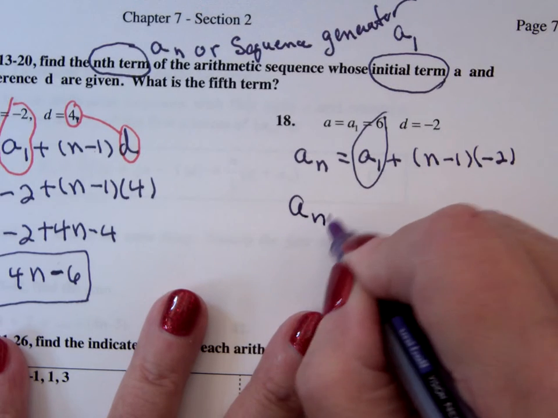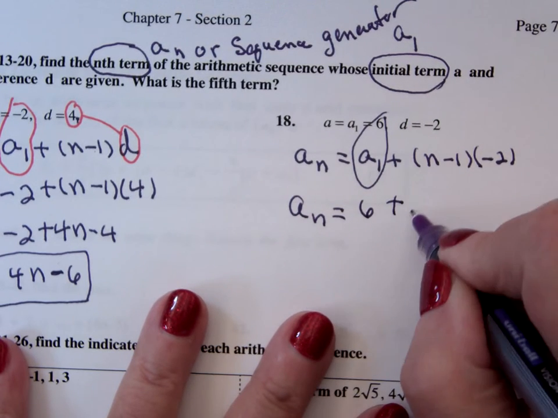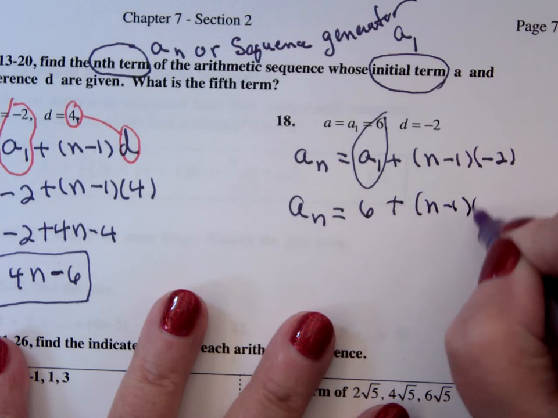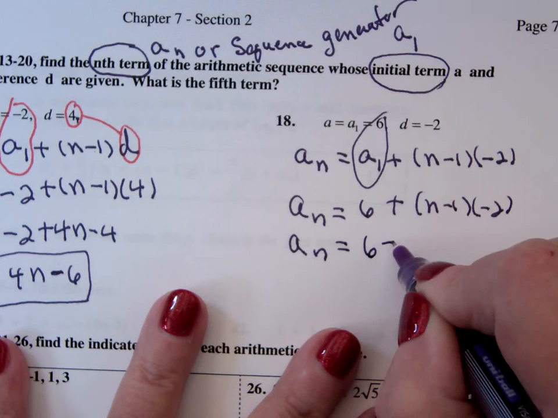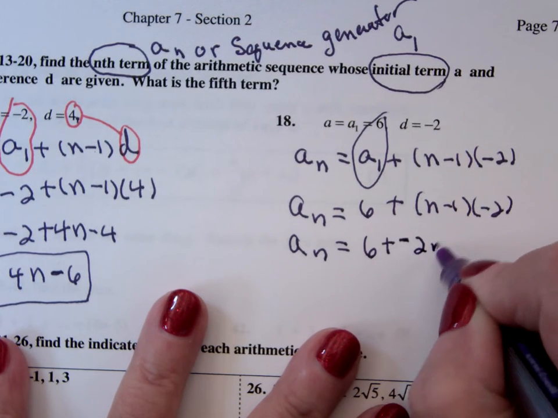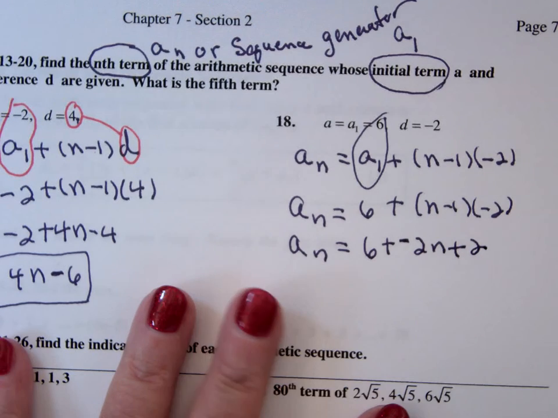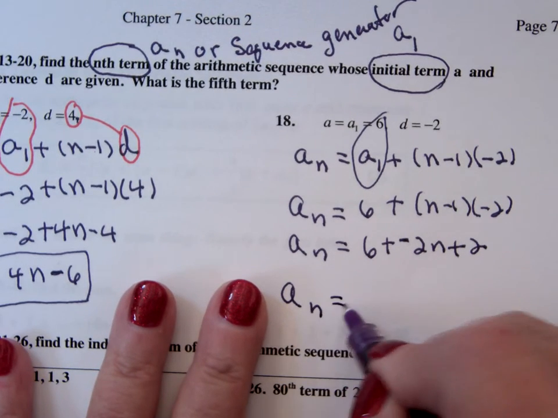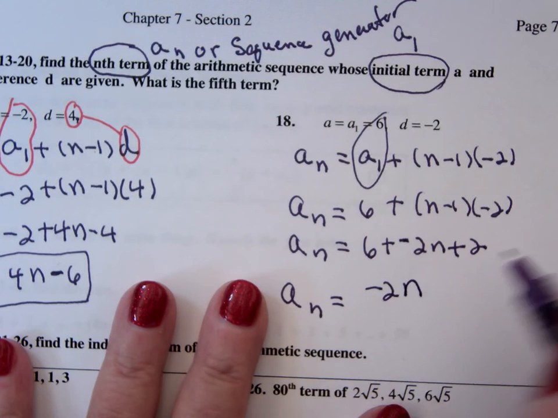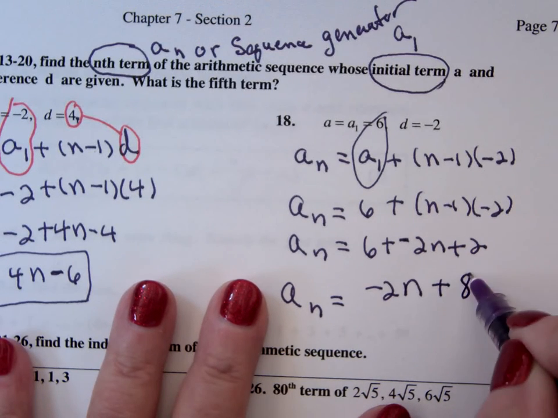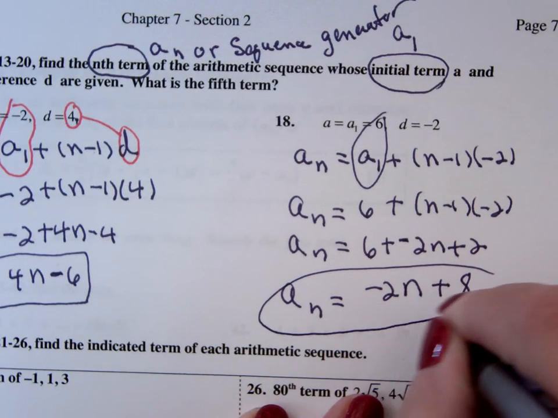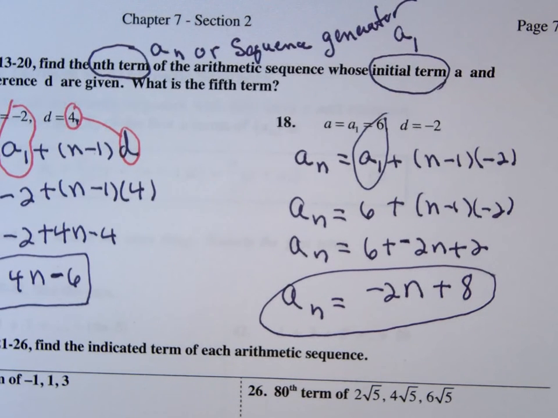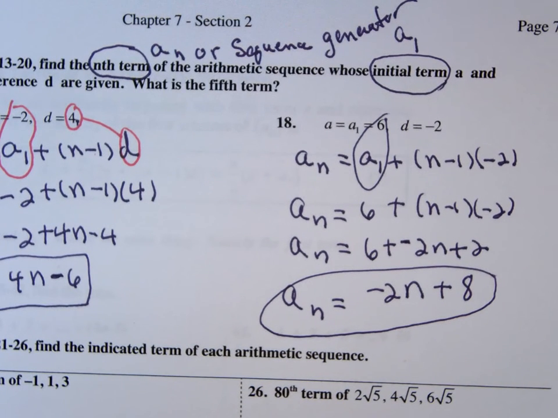So a sub n equals 6 plus n minus 1 times d, or a sub n equals 6 plus negative 2n plus 2, or a sub n equals negative 2n plus 8. What's the coefficient? What was d? And that's the case of the arithmetic sequence. Cool, huh?